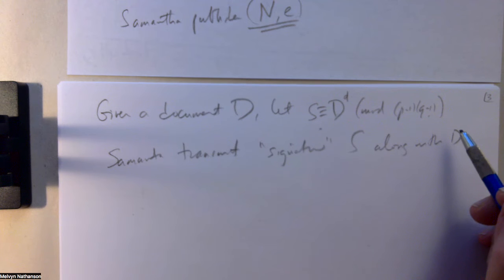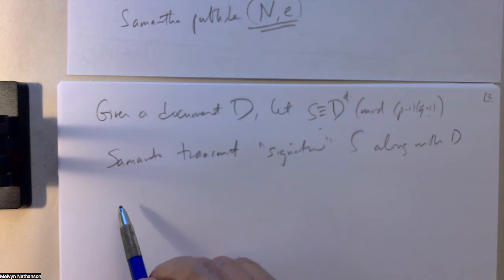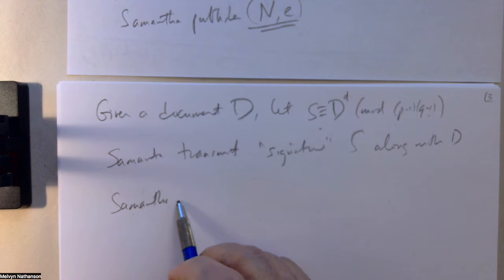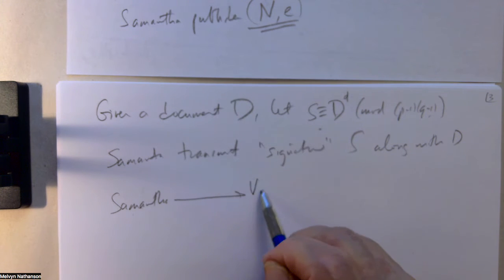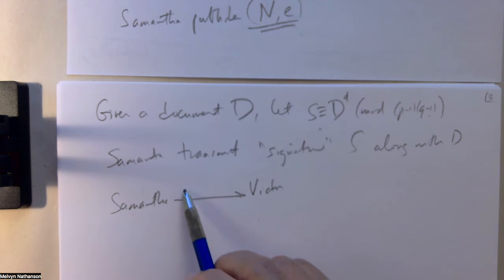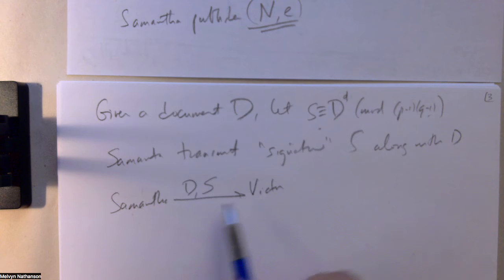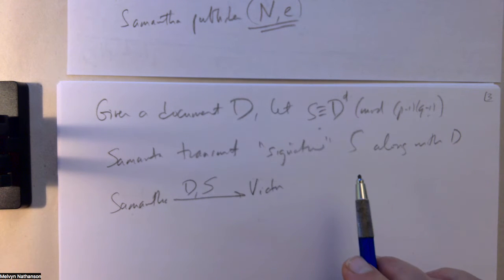What happens when you receive the message? In this section, Samantha is sending everything to Victor. So what Samantha is sending is the message D, the document, and her signature S. And Victor needs to know whether it's really Samantha who's sending the document.